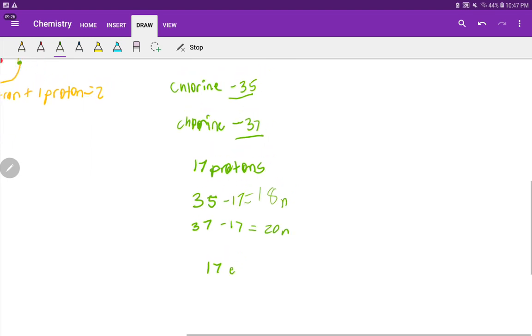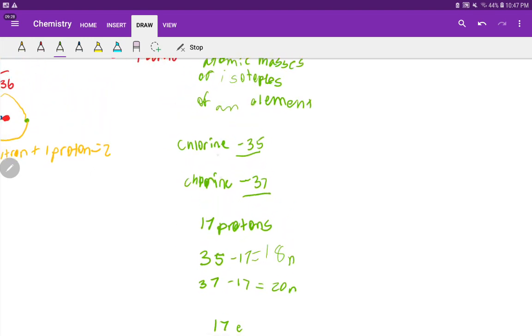So another way of writing it, the more formal way than just chlorine-35, chlorine-37, would be Cl with 35 on top and 17 on the bottom. Okay?